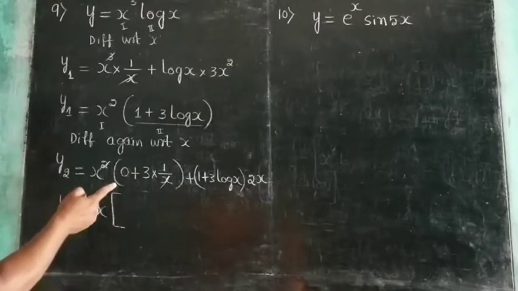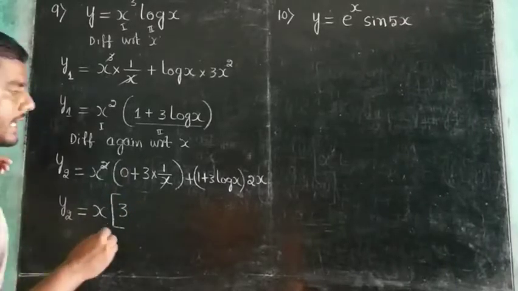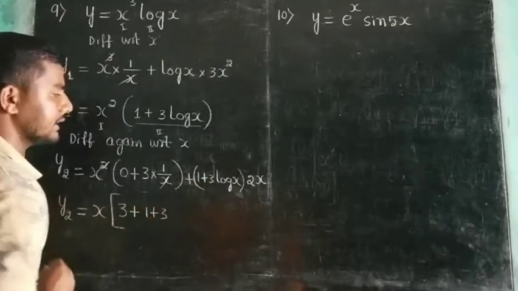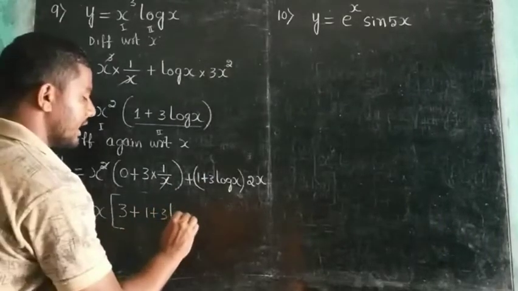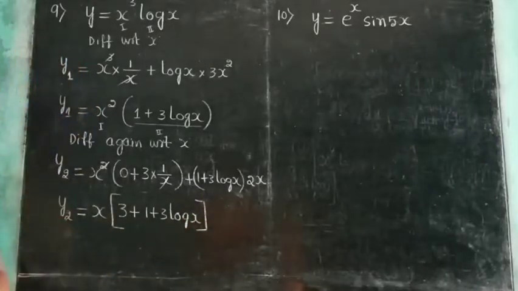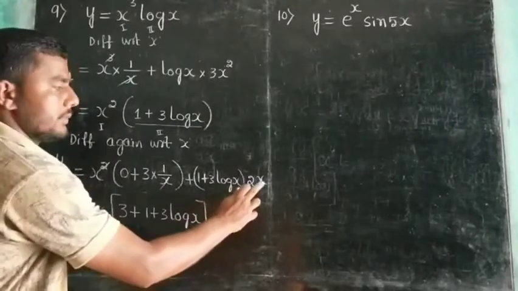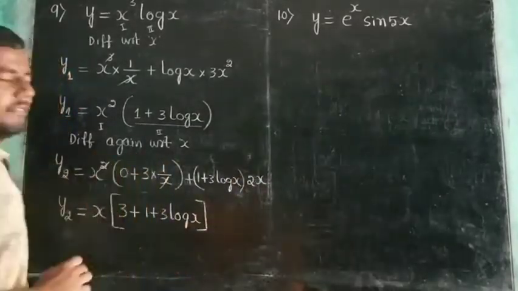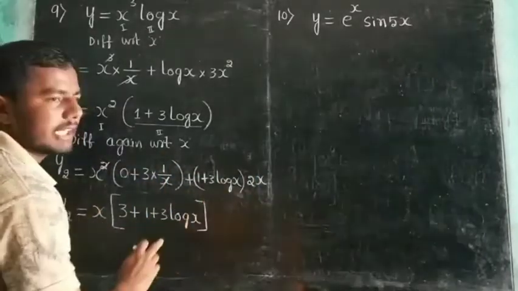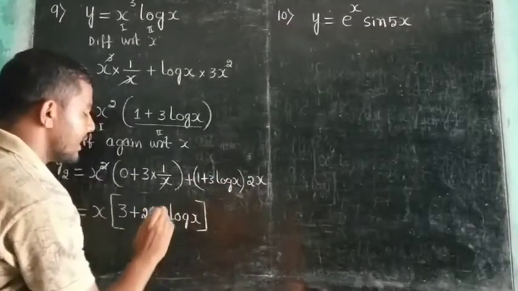If we take the x as common, then the remaining is 3 plus 1 plus 3 log x. And then here 2 is there. When we take x common, 2 is multiplied in both the terms. 2 into 1 becomes 2. 2 into 3 is 6.